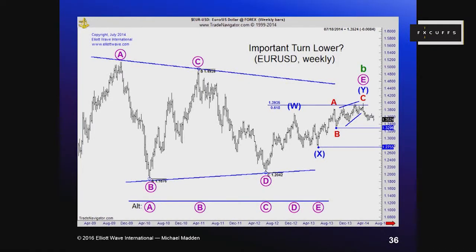But with the two guidelines I just explained there, we had the triangle and we had the ending diagonal, both occurring at the same juncture. So our expectations for price action would have been for a real quick reversal out of this pattern, and that's what happened.